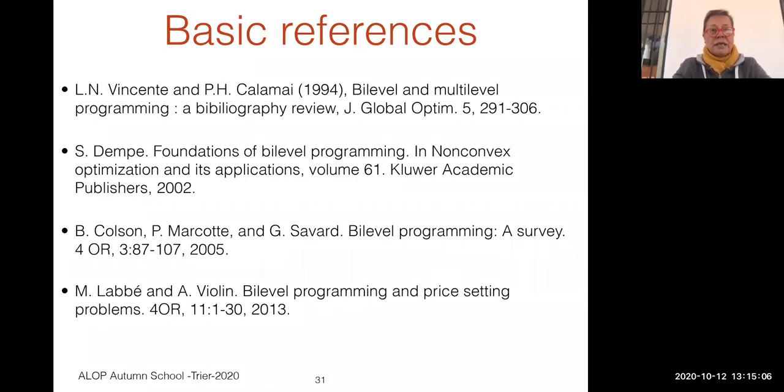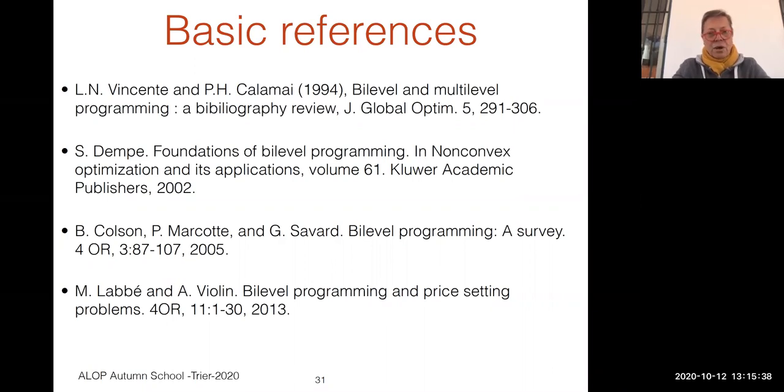The second one is, I would say, the reference book on bilevel optimization by Stefan Dempe. For somebody who wants to study or do research in bilevel optimization, this is the reference book. And there is another book, I didn't put it here, by Jonathan Bard. I'm sorry, I forgot it. It is more practically oriented, I would say.